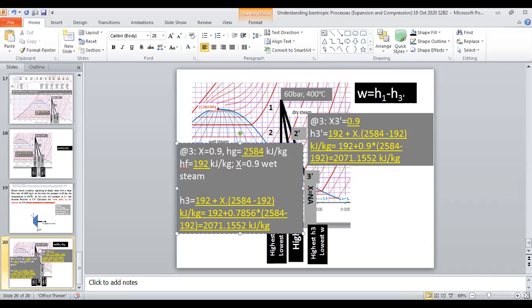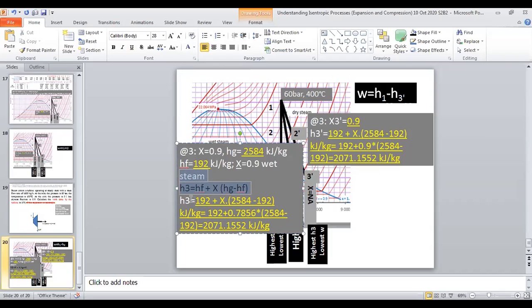So you can find H3 is HF plus X times Hg minus HF. Now I'm calculating, you are watching this. So you feel comfortable, but you have to have a good focus for that.